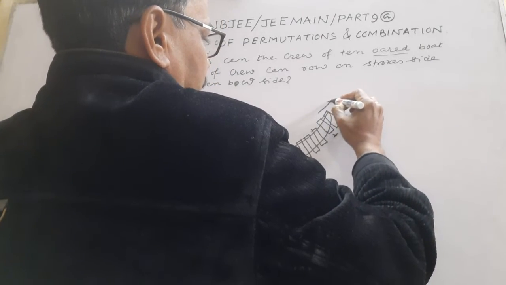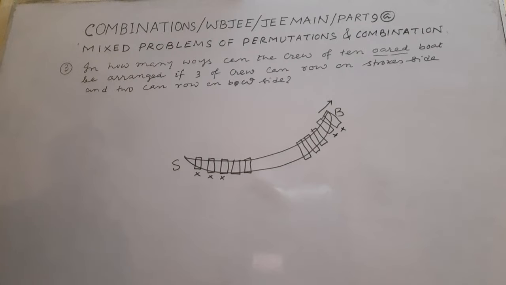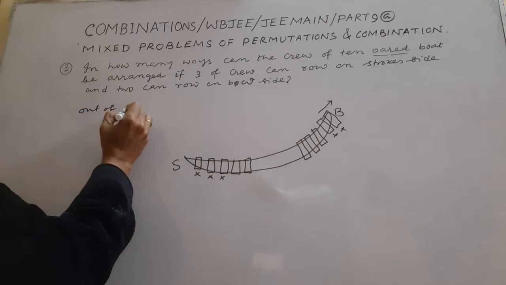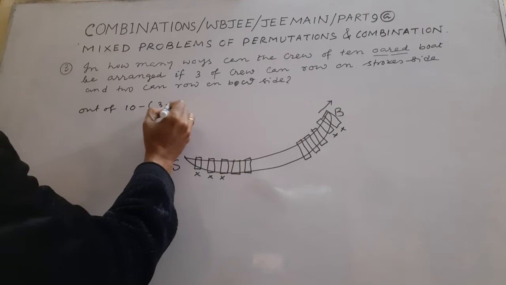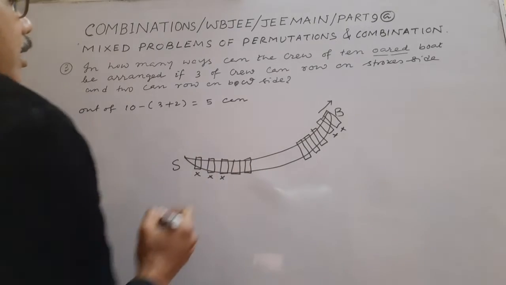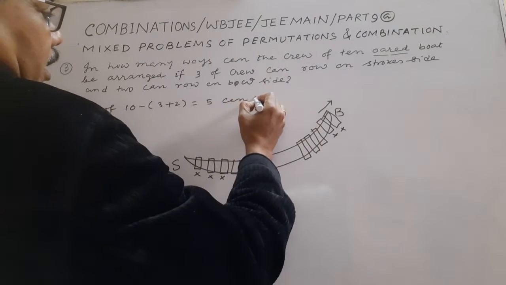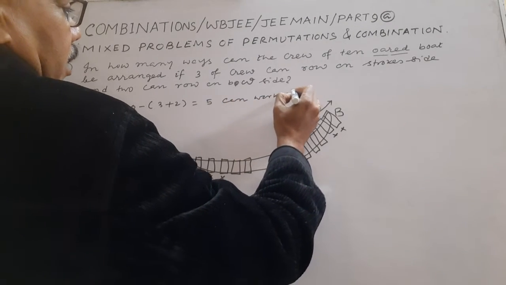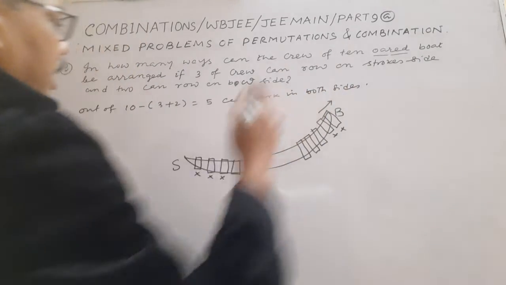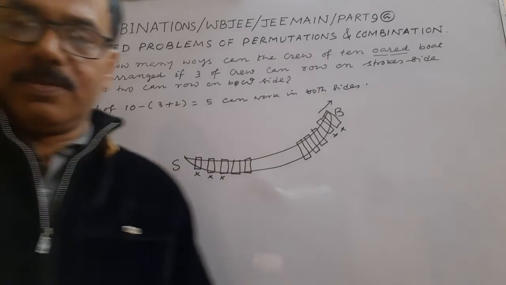Bow is the direction of the boat. So out of 10 minus 3 plus 2 equals 5, 5 can work in both sides.